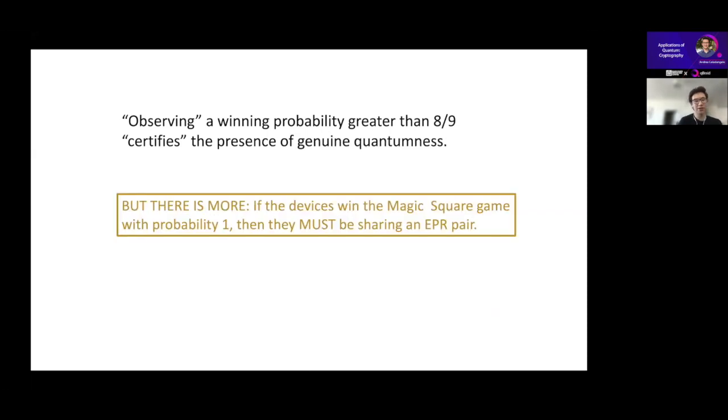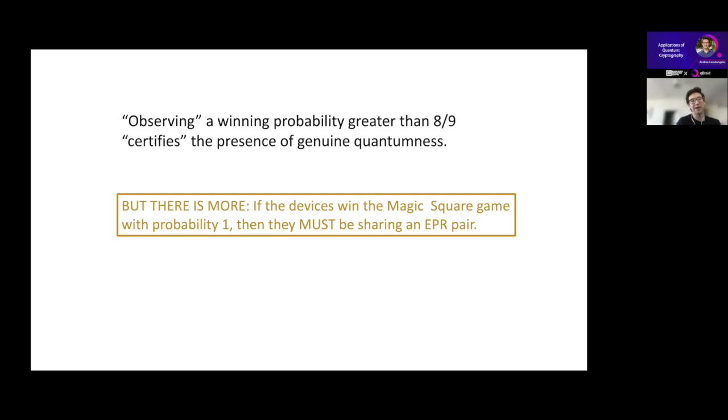And so there's one additional fact, which turns out to be very useful, which is that one can not only certify the presence of entanglement, but one is able to make an even more precise statement. So in fact, it turns out, and this can be shown mathematically, that there is actually a unique quantum state that allows the two devices to win with probability 1.